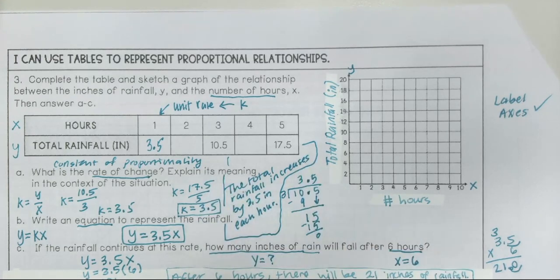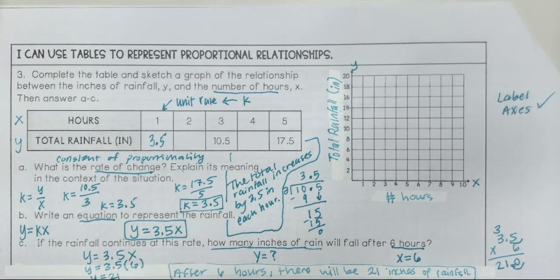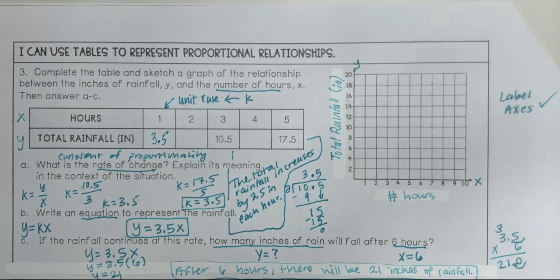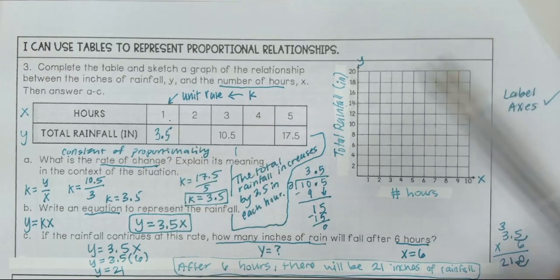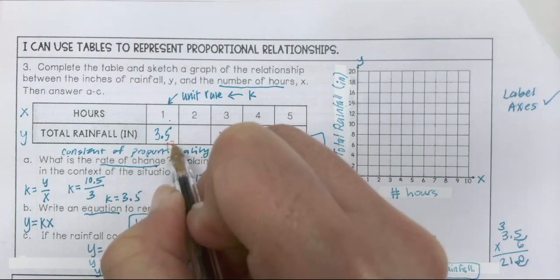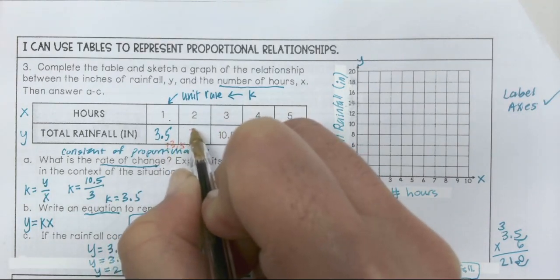Now I can go back and fill in the table and make the graph. To fill in the table, there are a couple of ways to use this constant rate of proportionality. Since our x values are increasing by 1, we could add 3.5 to get the next one. So 3.5 plus 3.5 would be 7.